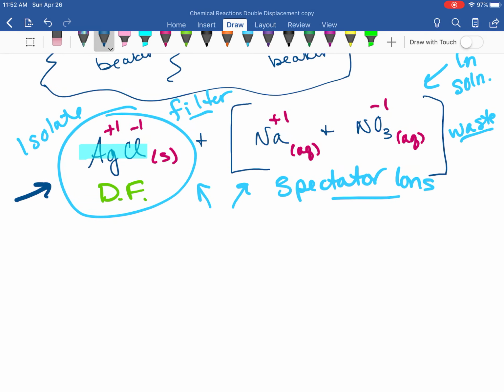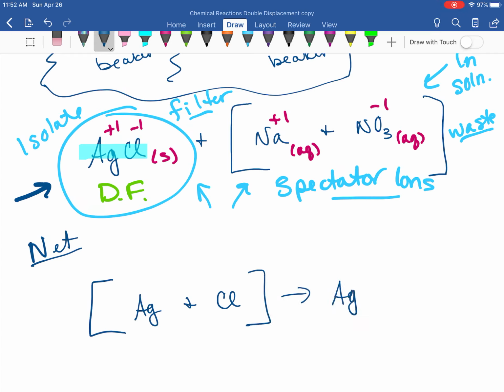And then we take the next step and we draw just the driving force. And that is called the net ionic equation, because typically in these reactions, that's what you're going to isolate in the lab. So for our net ionic equation, then what we draw is literally just what makes your driving force.